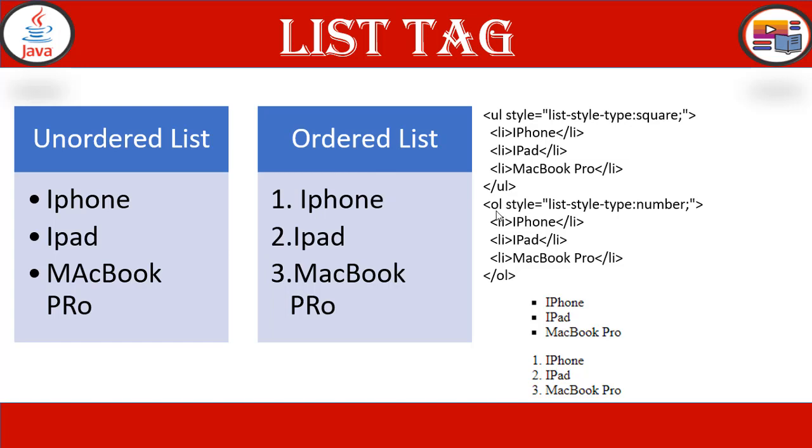An ordered list is mentioned like OL, and style list-style-type number. So as you can see here, I mentioned a number here. So this is numbering the list of options you have in your list. So this is how it works. This is your list tag. Now let's take a look at the demonstration.